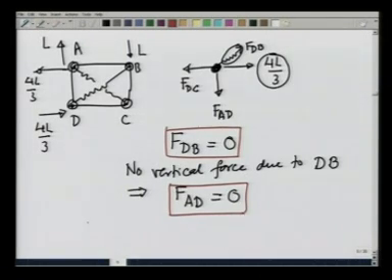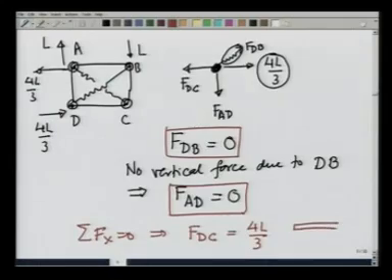Since FDB is 0, summation Fx equals 0 gives me FDC equals 4L by 3, and the positive sign tells me that I have found the correct direction. Since the rod DC is pushing the point out, the rod DC is under compressive forces. So, this is compressive.